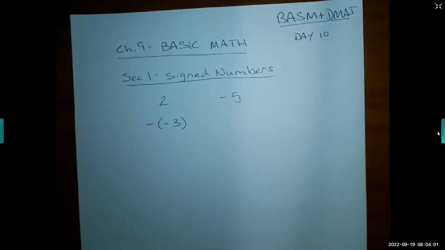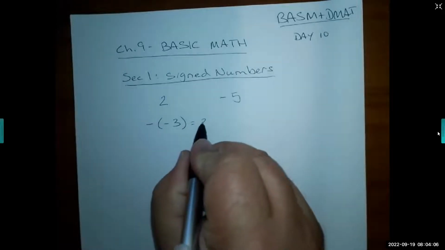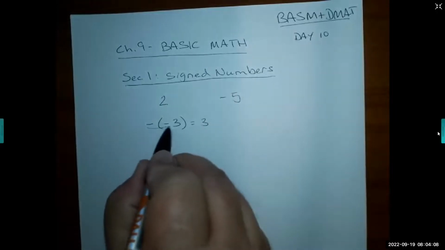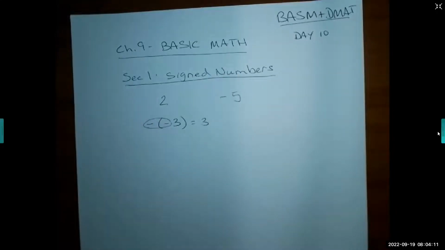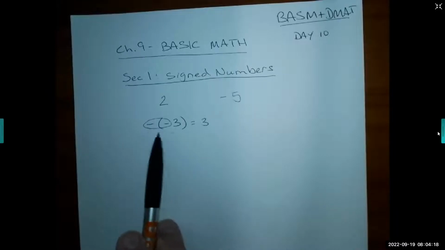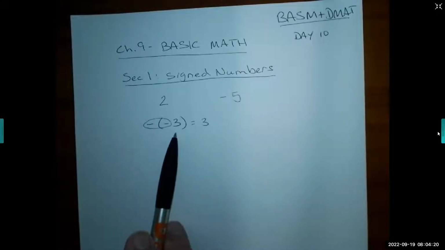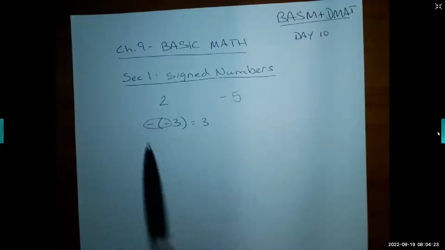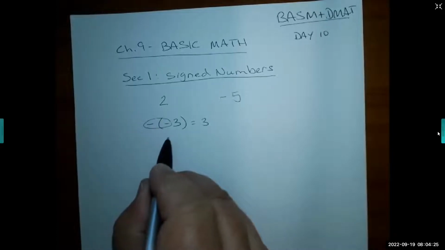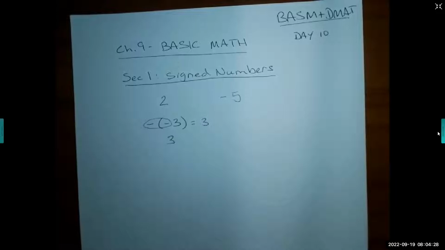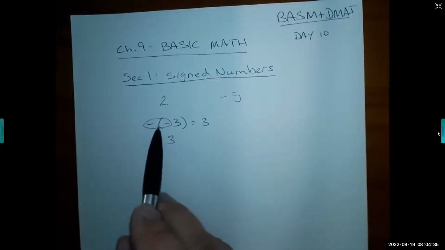What number is that? Positive 3. Because we have 2 negatives. Is that an operation? Is that a math operation? No. How do we change it from negative to equal a positive 3? But if you can distribute, what operation has to be there?